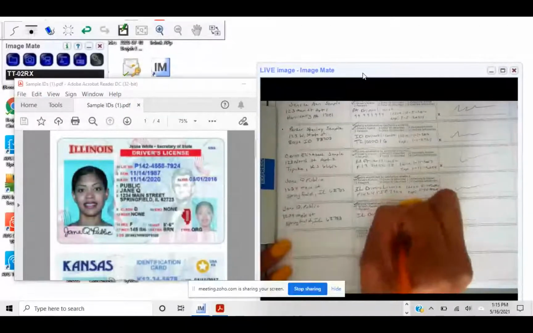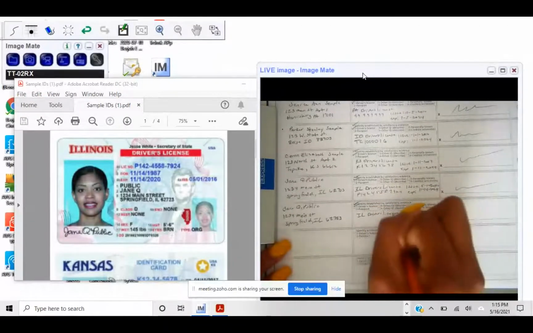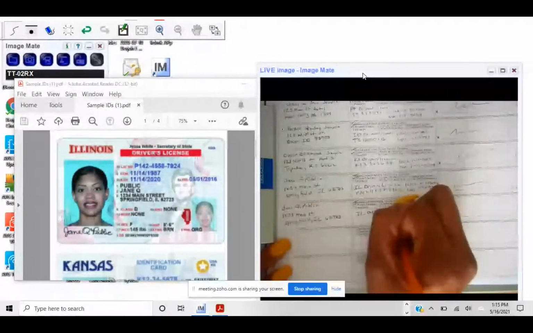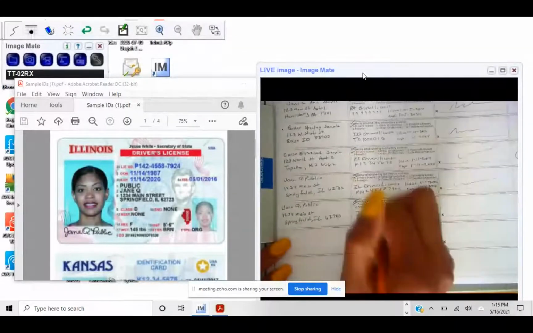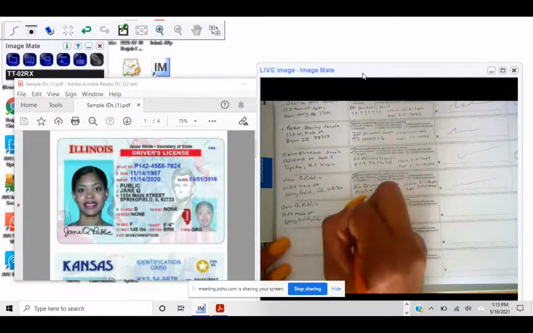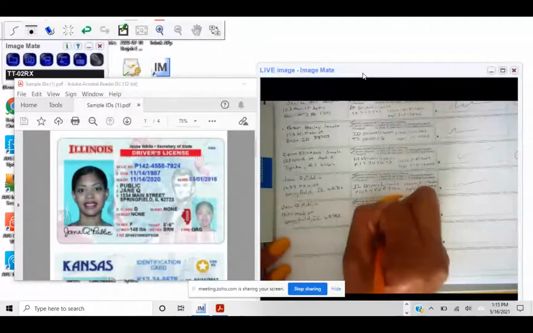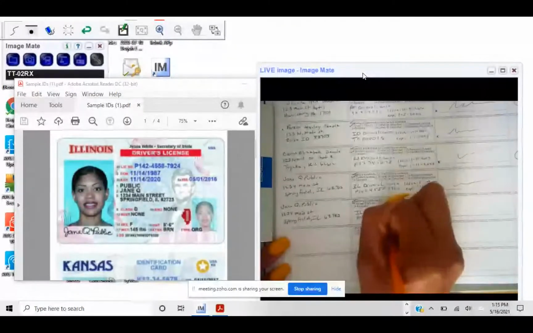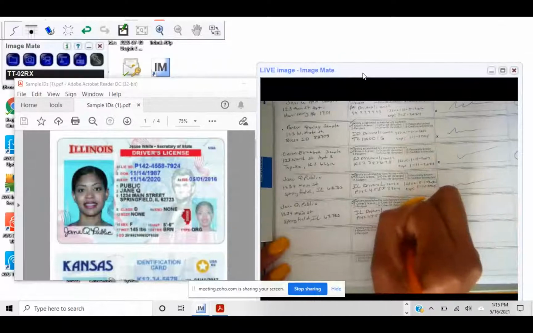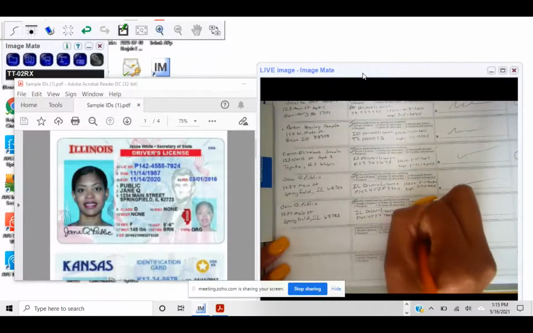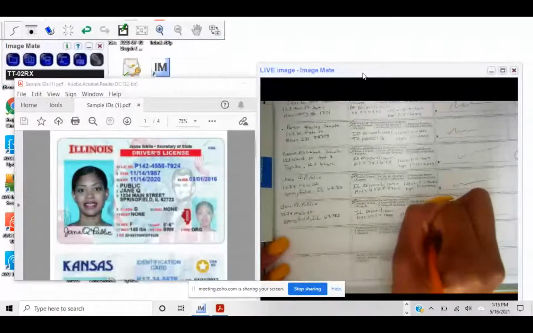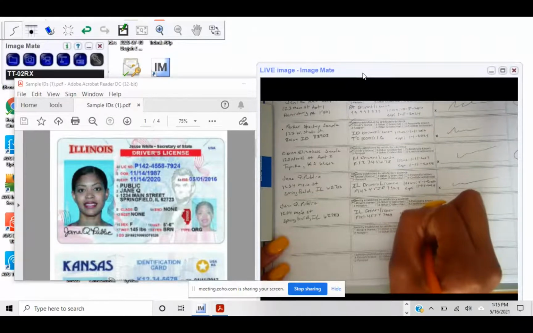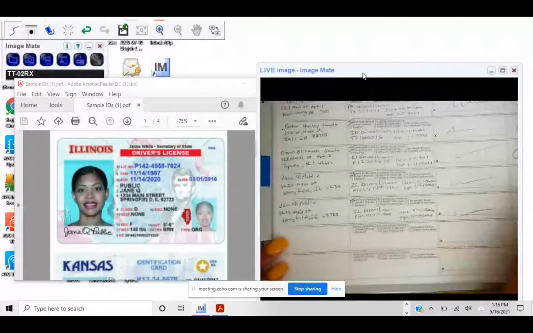Ugh, hate my writing. All right. P1 42 5724. Okay. Issue date 2016. Expiration is going to be 11/14/2024. She signs. I ask for a fingerprint.